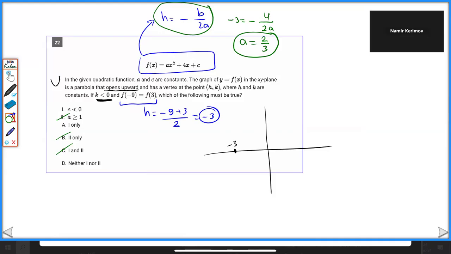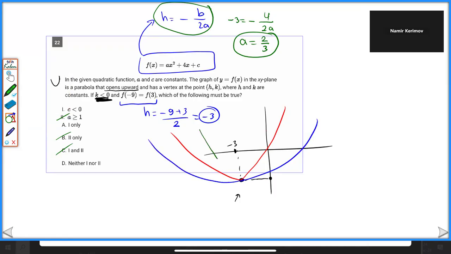And if k is negative, the vertex should be here, approximately. So that is the vertex point. And the graph can be like maybe this form or maybe that one, okay?